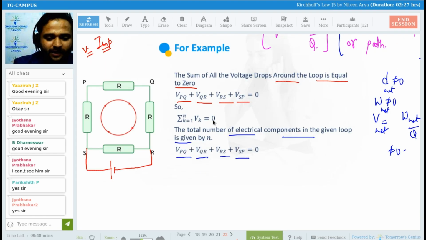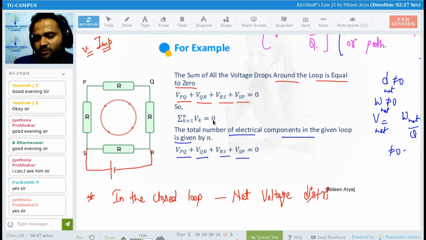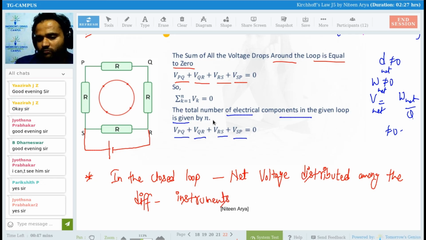So the general statement, the main thing is, in a closed loop, the net voltage distributed among the different instruments is 0.